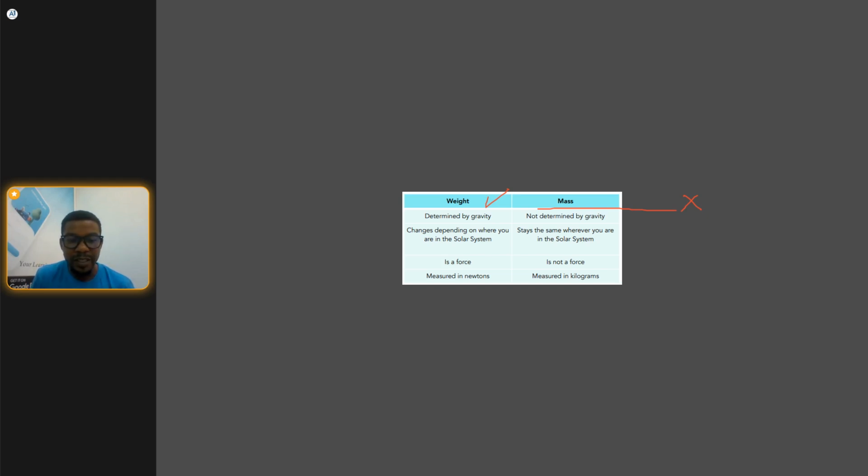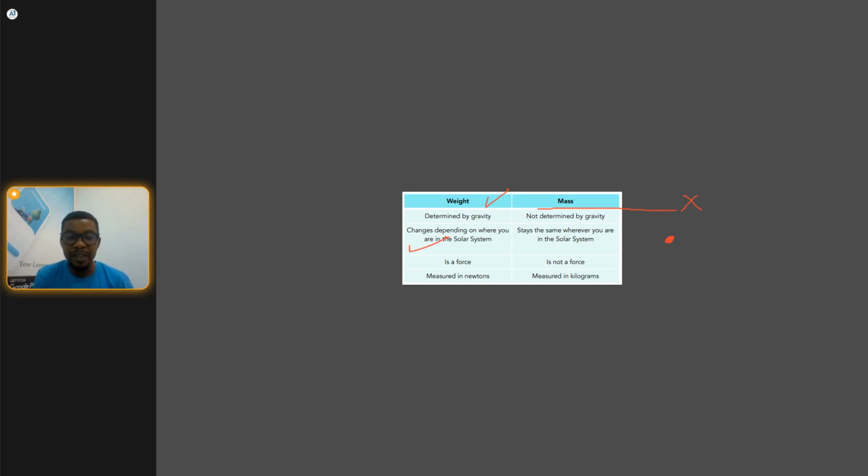Weight changes depending on where you are in the solar system. And as for mass, it stays the same wherever you are in the solar system. So your weight is subject to change depending on your position in the solar system.